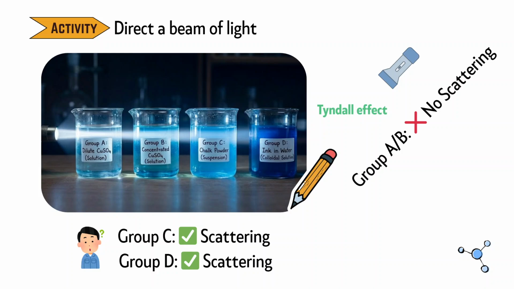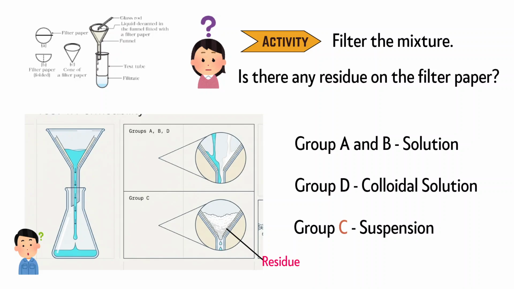We find that the light passing through the beaker of group A and the beaker of group B does not scatter. The light passing through the beaker of group C and beaker of group D does scatter. Now filter the mixture.